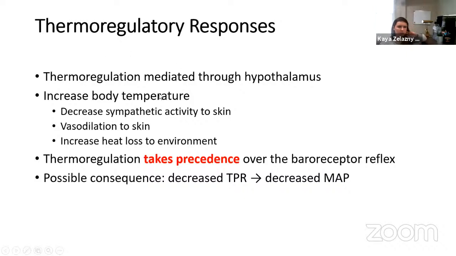So thermoregulation is going to be controlled by the hypothalamus, and it's going to do a lot of different things to keep your body temperature the same. But the main way it can do this is by determining how much blood is getting to the skin, right? So what's happening at the skin, basically?